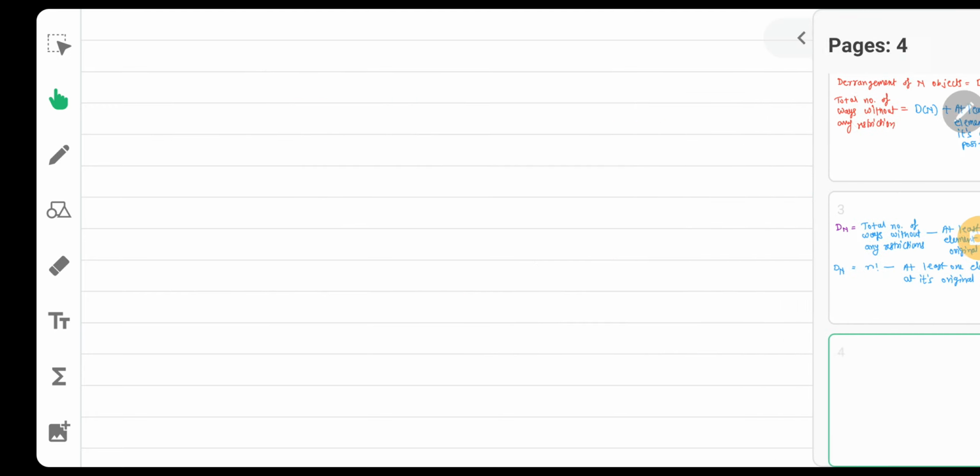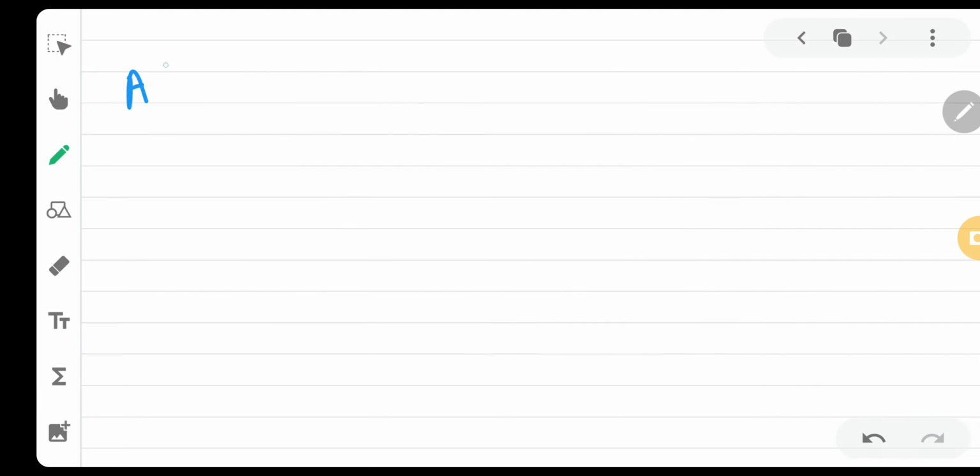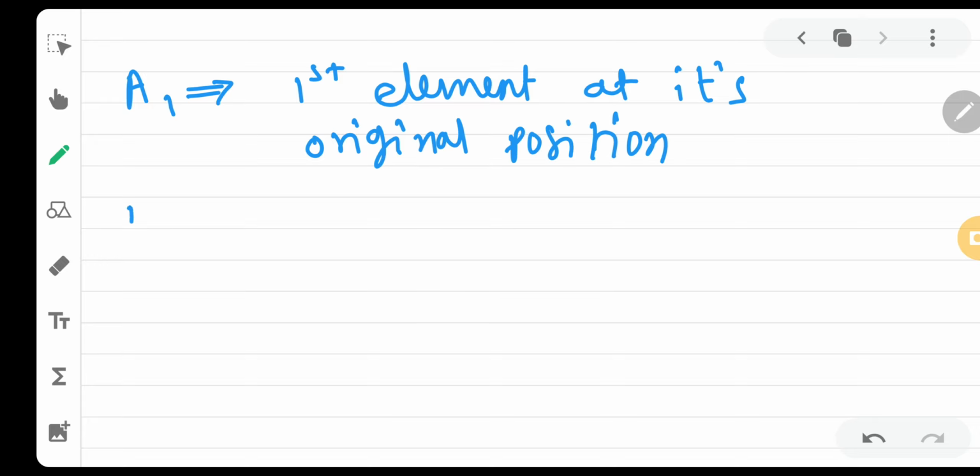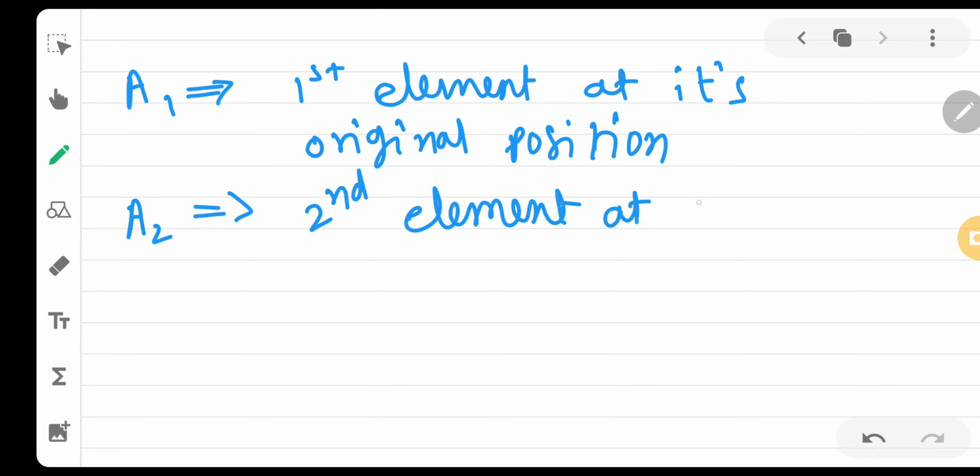Suppose I call one set as A1. A1 means first element is at its original position. Right? Okay. A2 means, let us say, second element at its original position. Are you getting it?